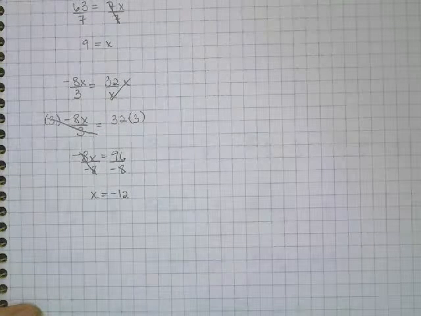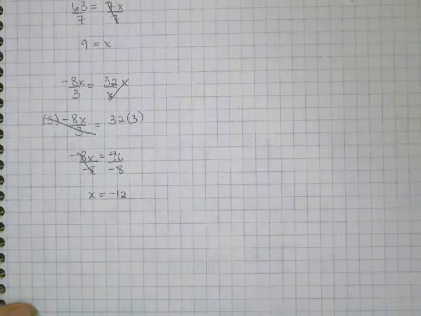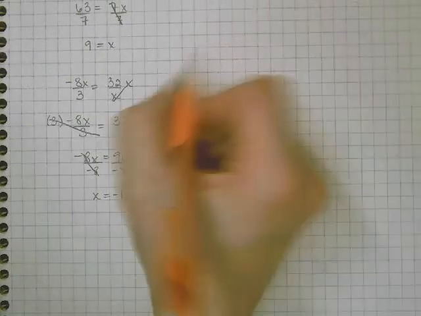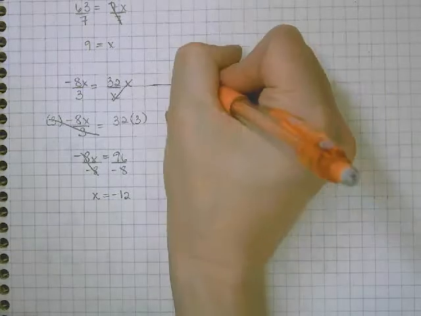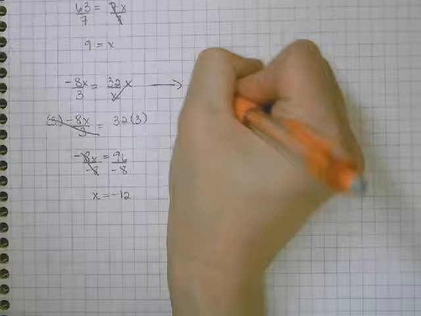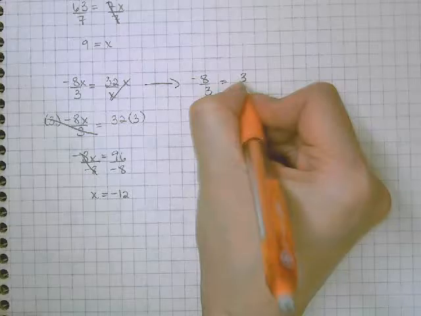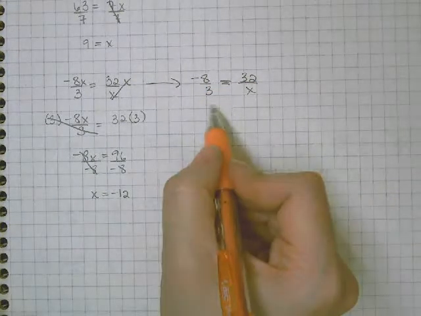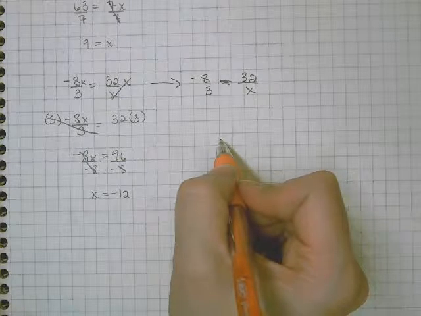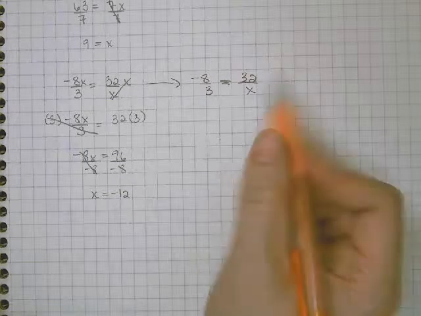The other way to look at that is through a method called cross-multiplying. So if I start with negative 8 over 3 equals 32 over x. If I have two fractions equal to each other, sometimes it is easier to simply cross-multiply.